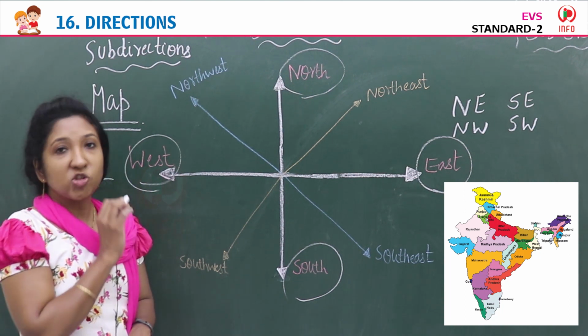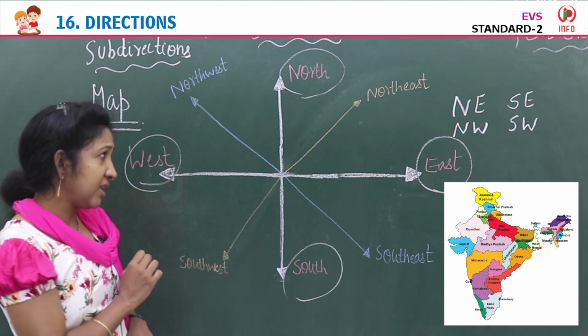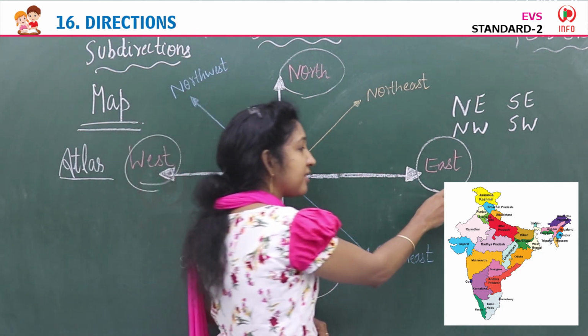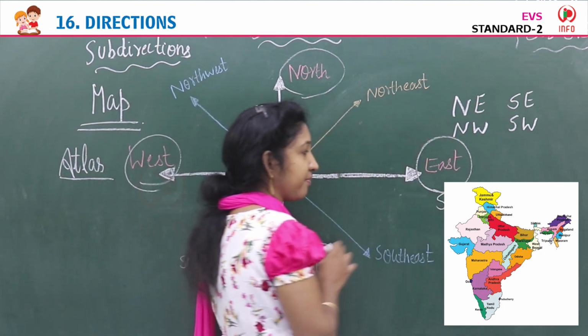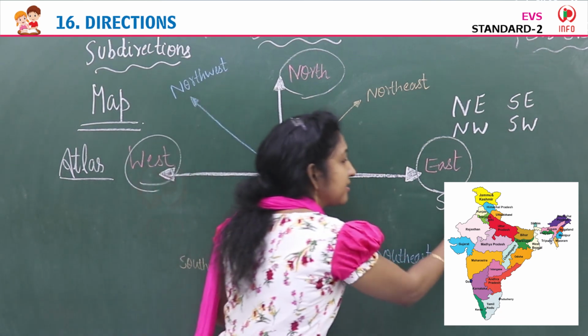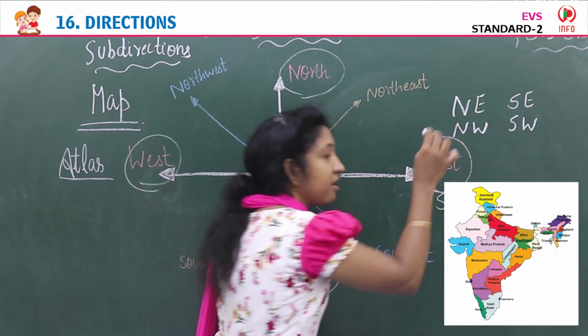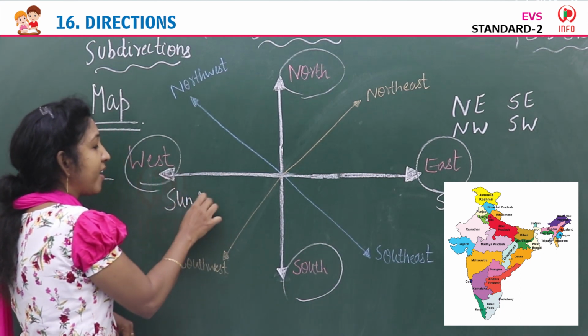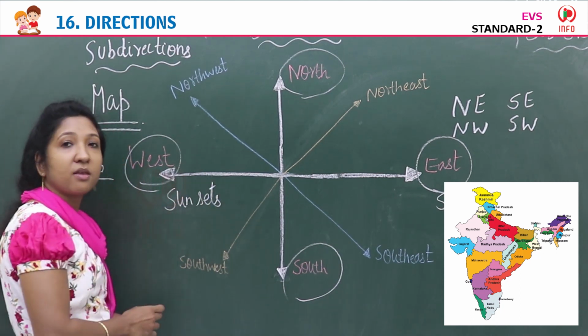They never change. Yes. Where does the sun rise? Yes, sun rises in the east. Sun rises in the east and sun sets in the west direction.